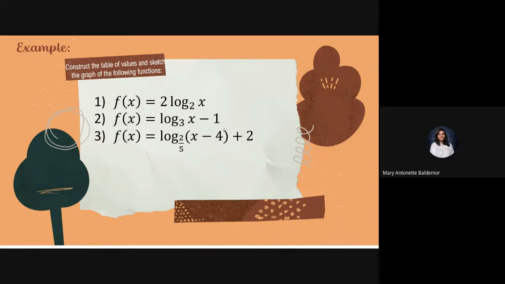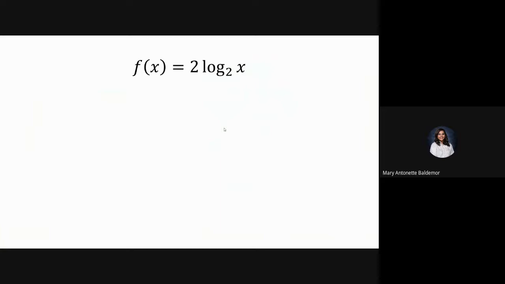Number 2, f of x is equal to the logarithm of x with base 3 minus 1. And number 3, f of x is equal to the logarithm of x minus 4 with base 2/5 plus 2.